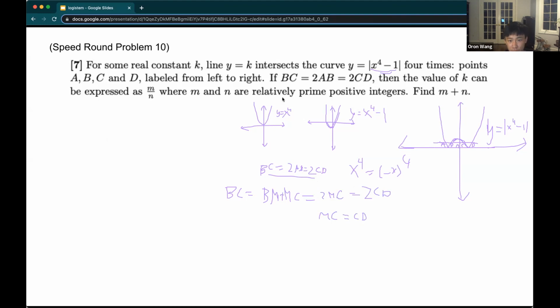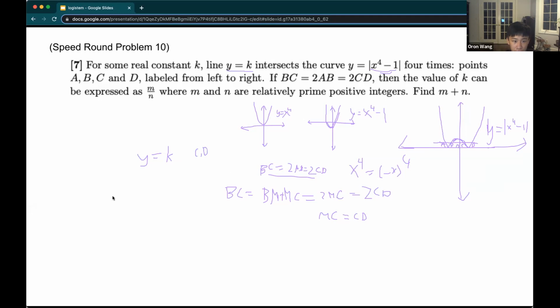Now suppose this line is y equals k. Y equals k intersects the graph at 4 points, and when x is positive, it intersects at the points C, D.